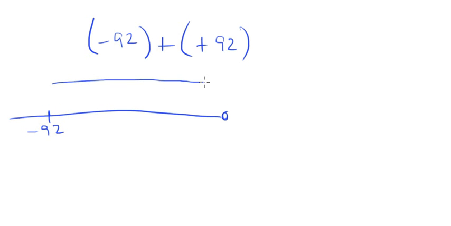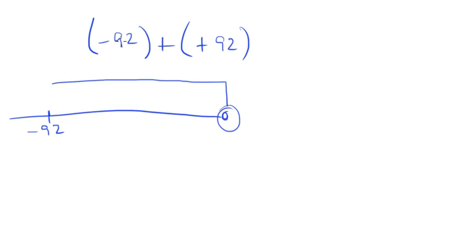Where am I going to end up? 0, right there. And according to the rule, if it were 0, it's not going to matter, but it would be the sign of the number with the largest absolute value. But since they both happen to be the same, it's going to land me back on 0. So that rule doesn't apply.